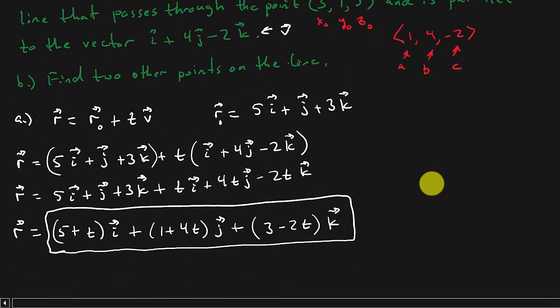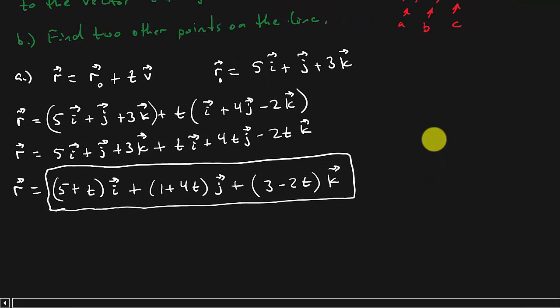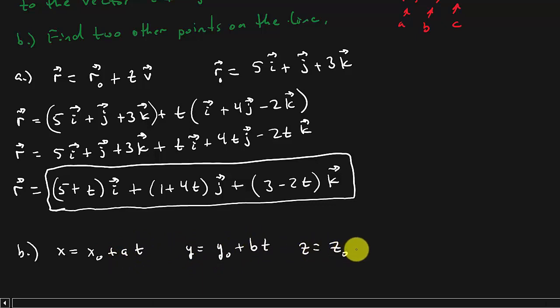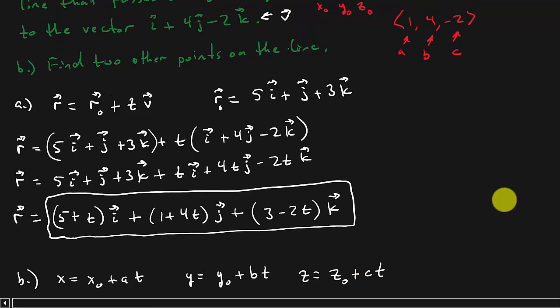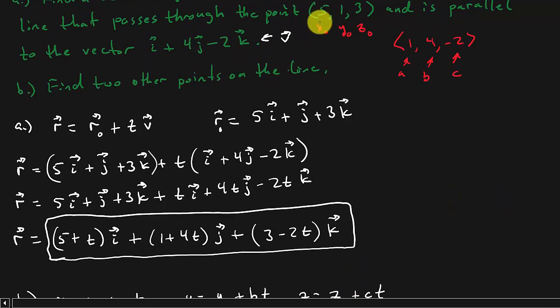All right. So for part B, we know x is equal to x0 plus at, y is equal to y0 plus bt, and z is equal to z0 plus ct. And so we know that x0 is 5 and a is 1.